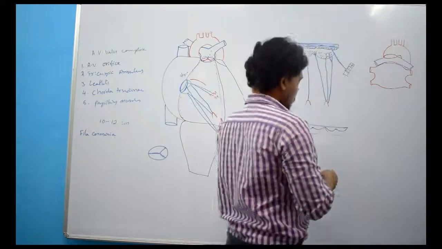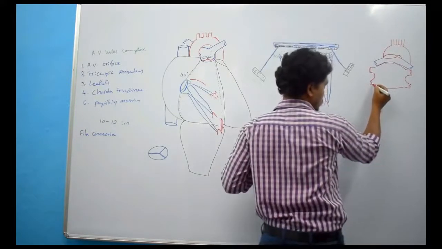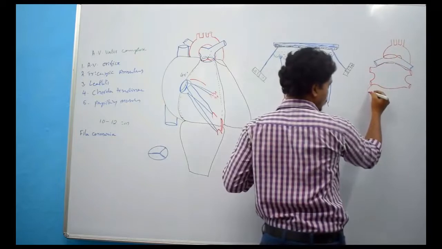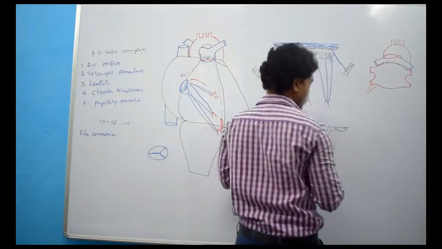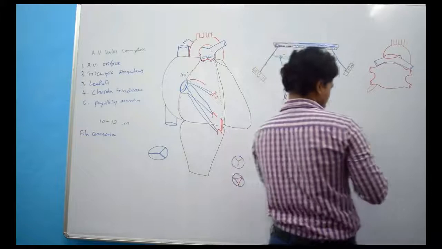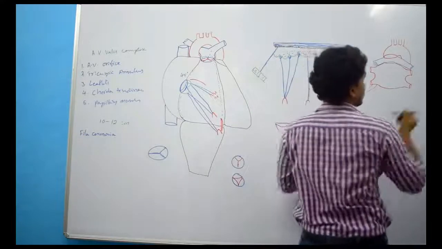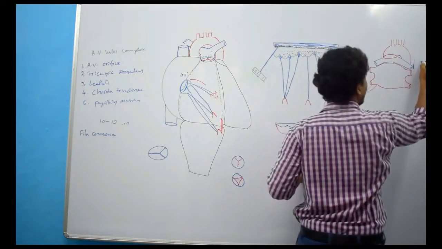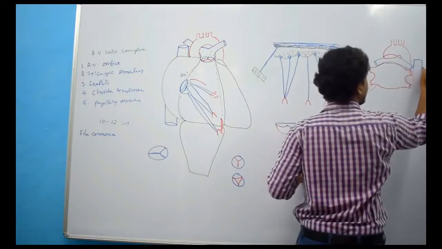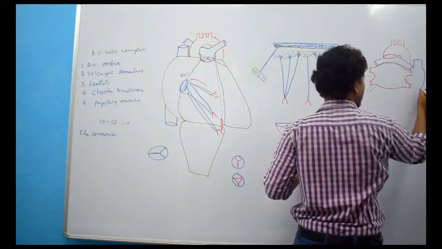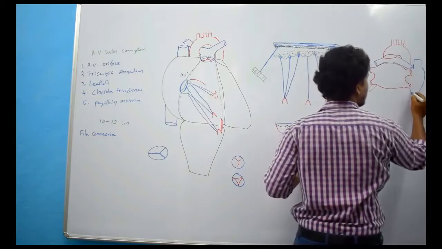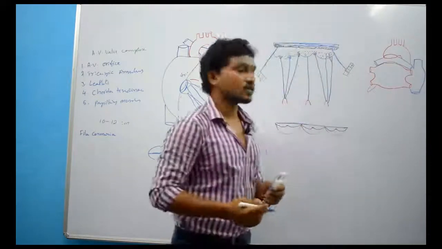Then here you can see a small portion of the auricle. Which auricle? Left auricle. And here the superior vena cava. This is the right atrium and this is the inferior vena cava. Is it?